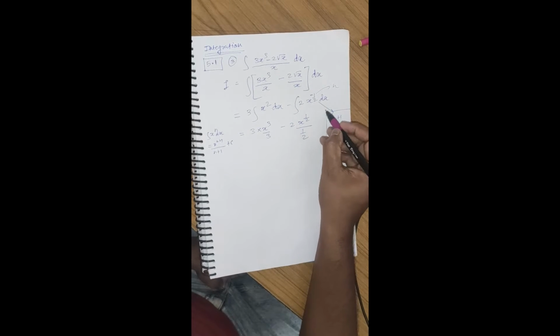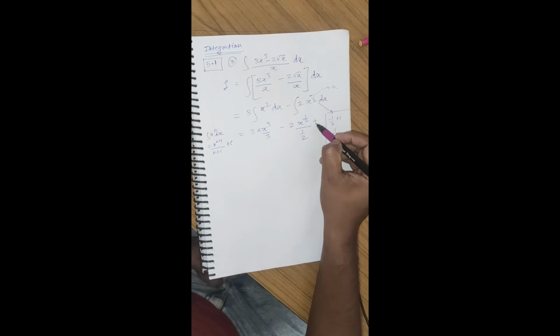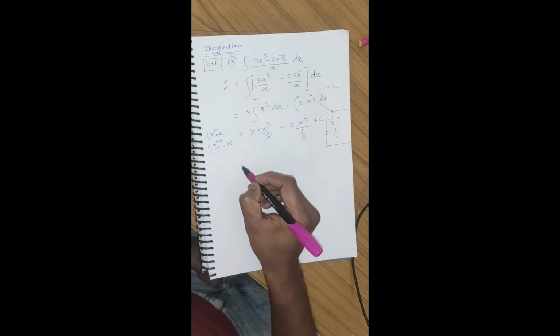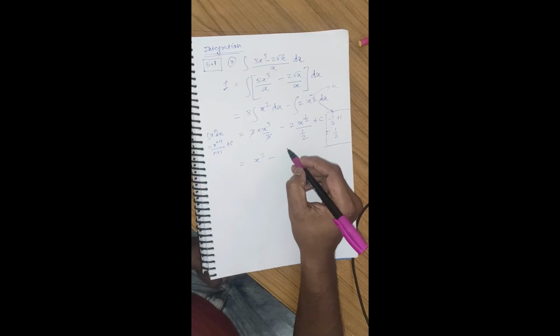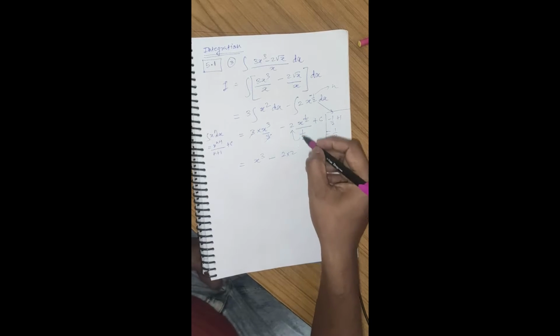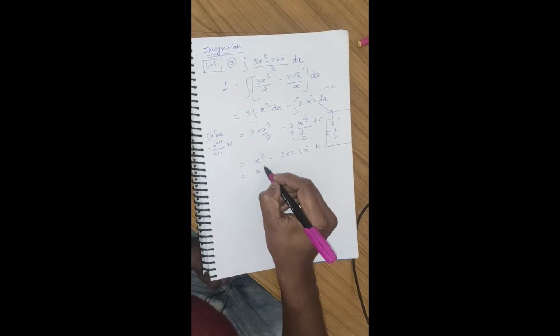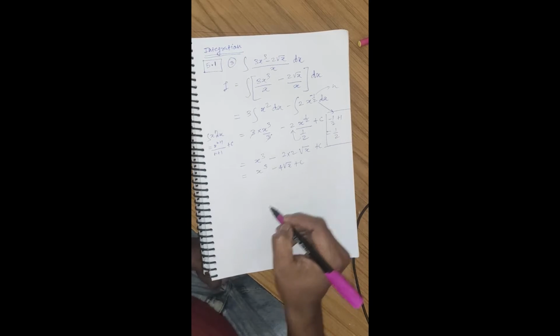This is rough work. Accordingly we have used this formula to get this, plus c. C is common for both of them. Now this gets cancelled, so it will become x cube minus 2 into 2, this gets reciprocated here and gets 2 into 2, and this will become root x plus c. So that is x raised to 3 minus 4 root x plus c.